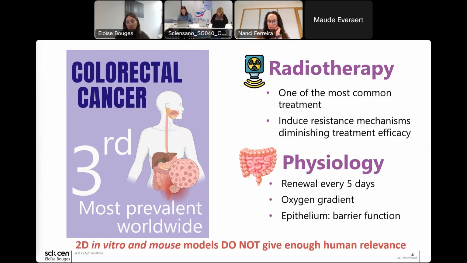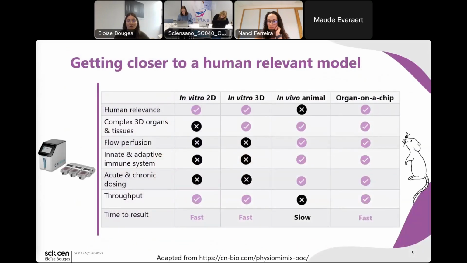To bridge this gap, in this project we're working on getting closer to a more human relevant model by using a microphysiological system, which can also be called an organ on a chip. In my case, I'm working with the CNBio organ on a chip model. On this slide, you can see a table that gives an idea of what such a system brings to the table.